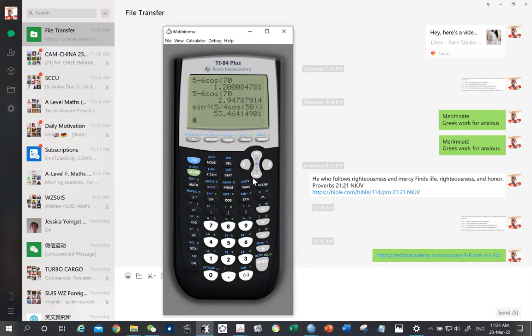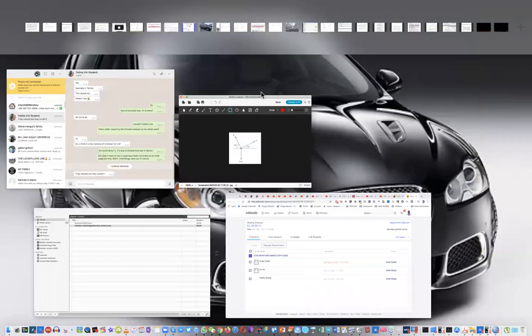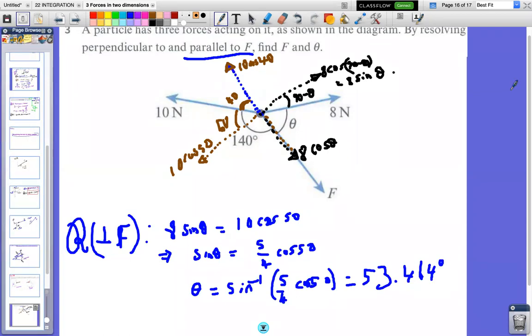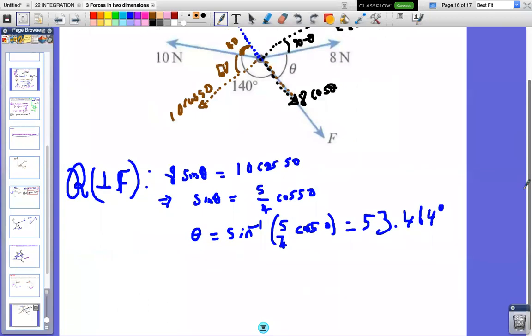That gives me 53.464 degrees. So in A-level requirement, you will give the angle to 1 decimal place if you are not told. 53.5 degrees.